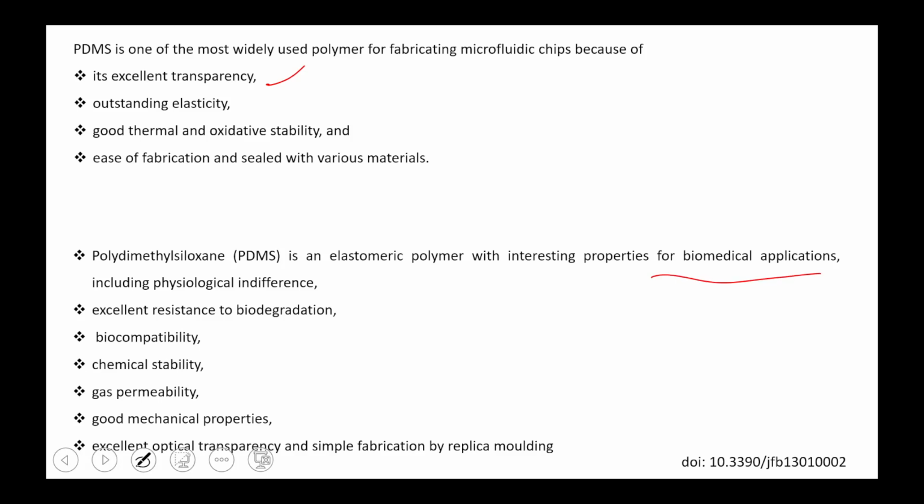We use it mainly for biomedical applications, including excellent resistance to biodegradation, biocompatibility, chemical stability, gas permeability, good mechanical properties, excellent optical transparency, and simple fabrication by replica molding. And that is why we use PDMS for biological things. Any doubt? Anything else?